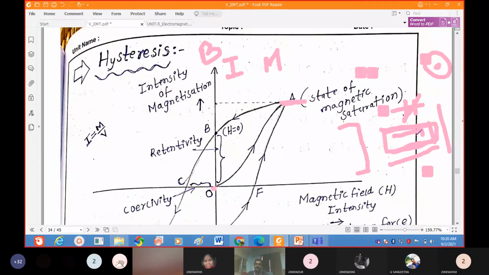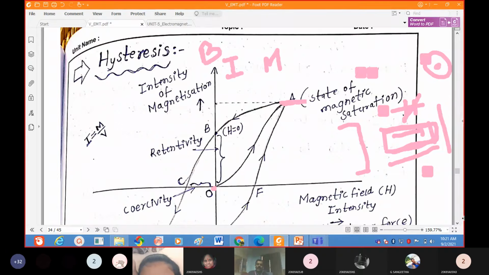What is the reason? Due to the external magnetic field, the bar magnet is induced, so the material is magnetized. After removing the external magnetic field also, it acts as a magnet.